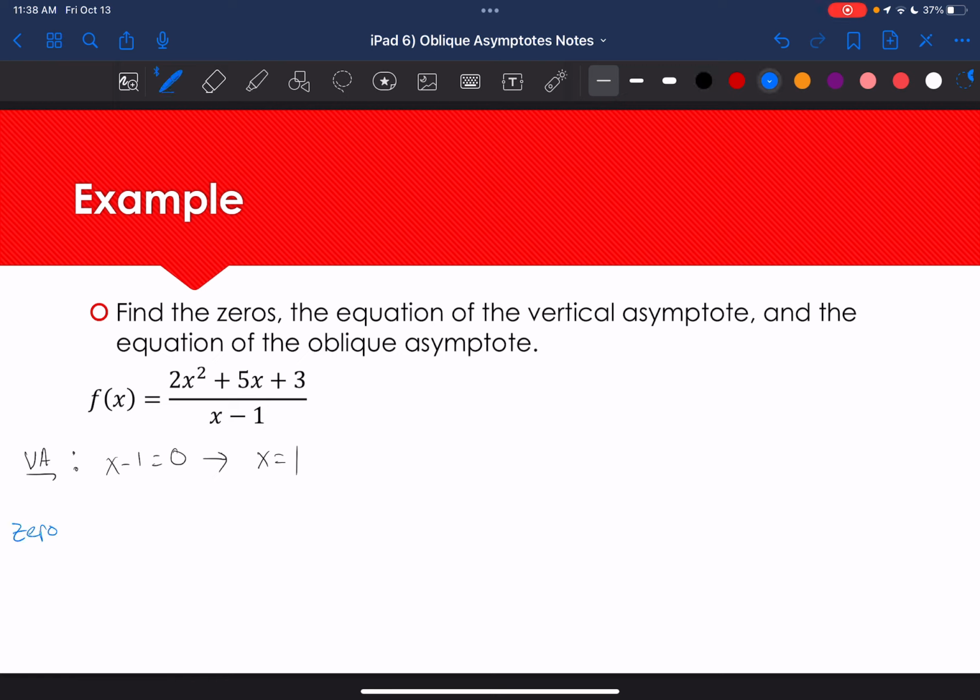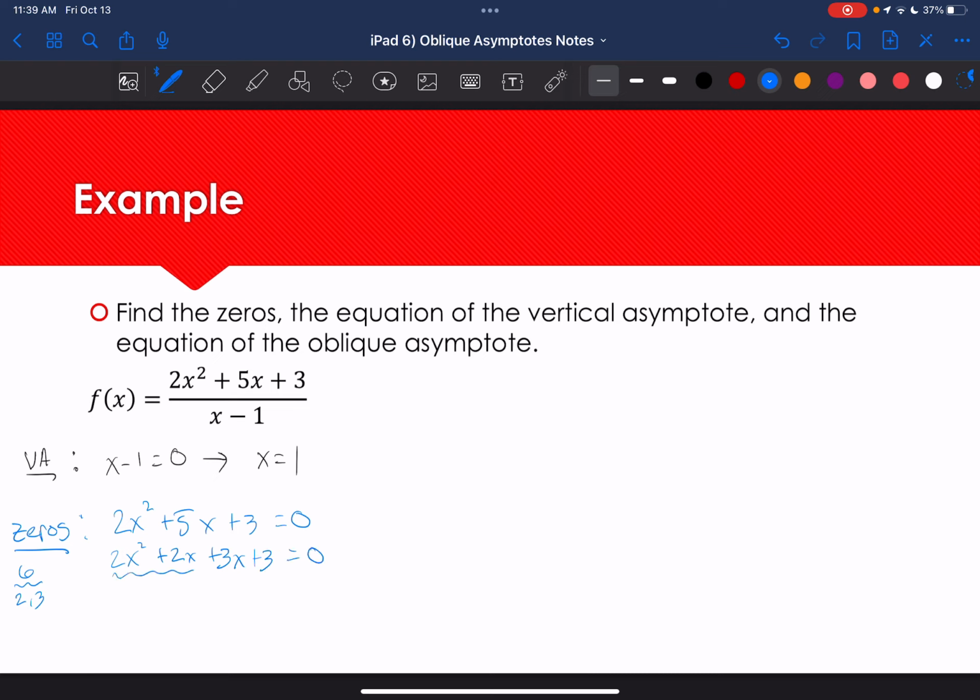Let's do the zeros next. To get the zeros, I have to factor. So 2x squared plus 5x plus 3 equals 0. 2 times 3 is 6. I think 2 and 3 will do it, right? Those add up to 5. So 2x squared plus 2x plus 3x plus 3.